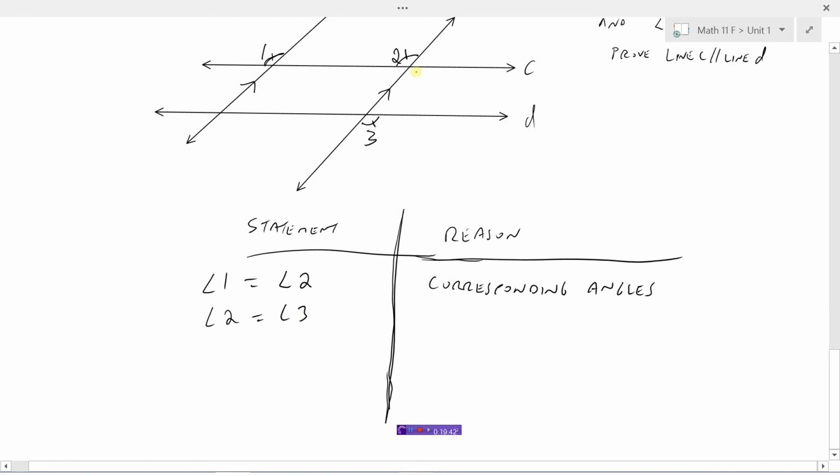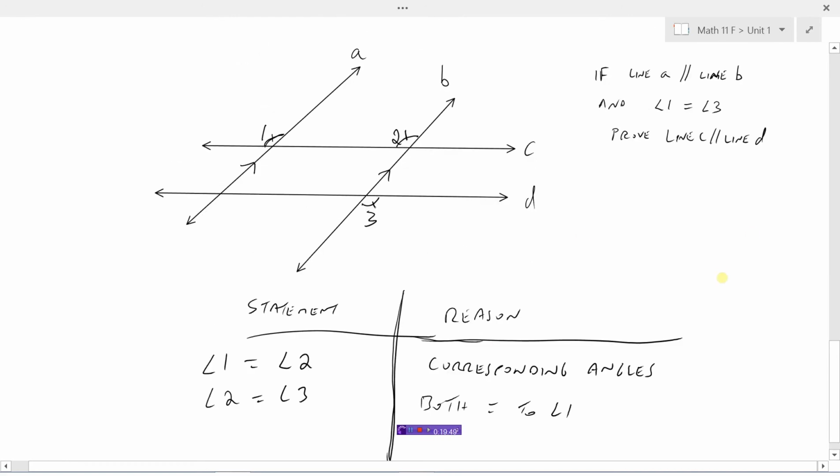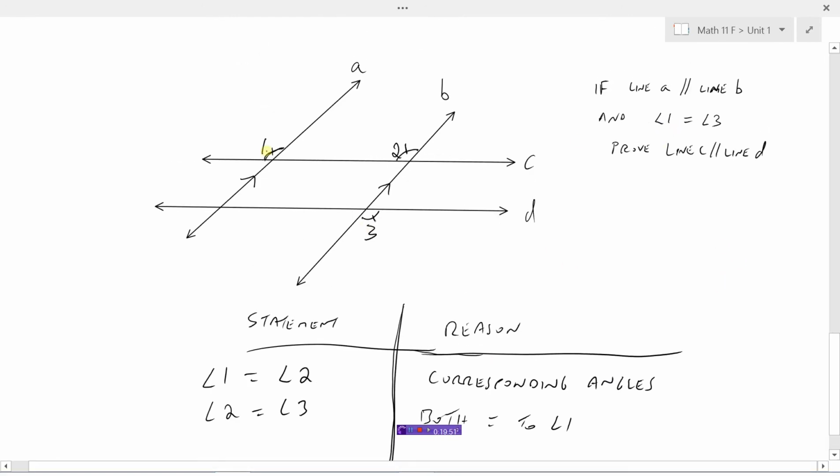Because they're both equal to angle 1. We were told right at the beginning that angle 1 is angle 3, and if angle 1 is angle 2, then since both 2 and 3 equal 1, 2 and 3 must be equal.